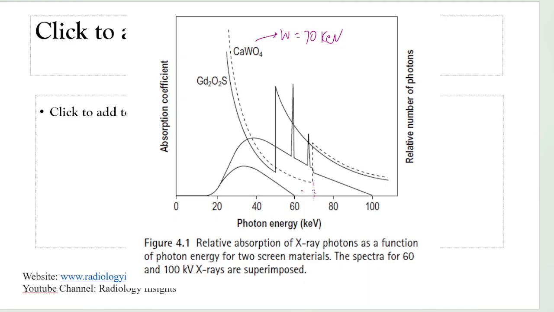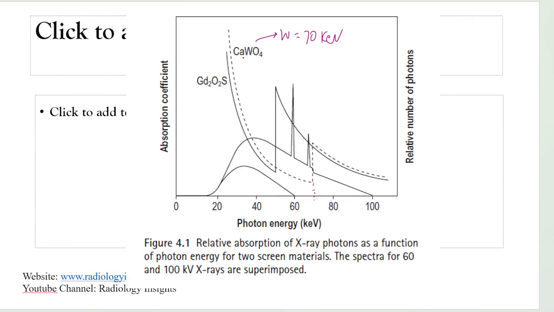Superimposition of the spectra of 60 to 100 kilovolts X-rays demonstrates that the absorption coefficient is not optimally matched to the typical spectra used in radiography, with relatively low attenuation at the peak of the X-ray spectrum and poor detection of characteristic radiation.